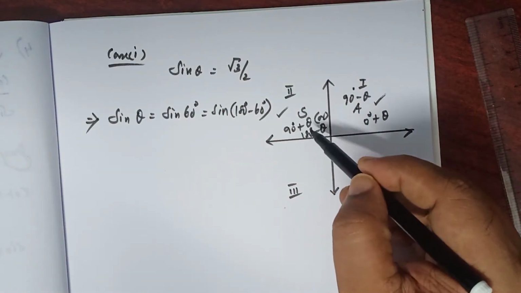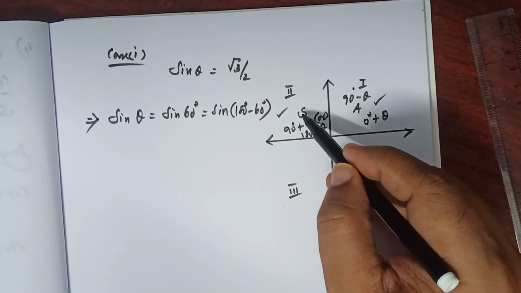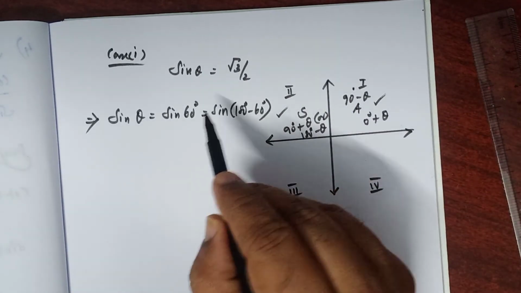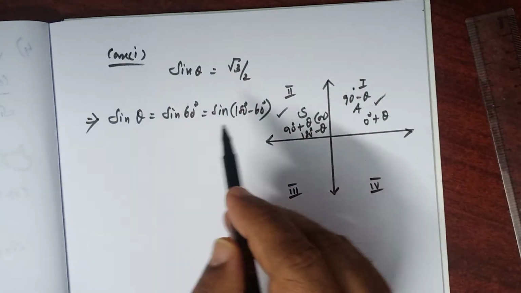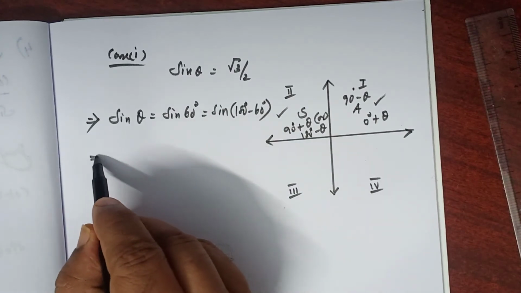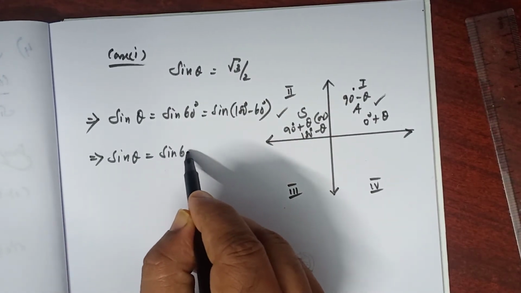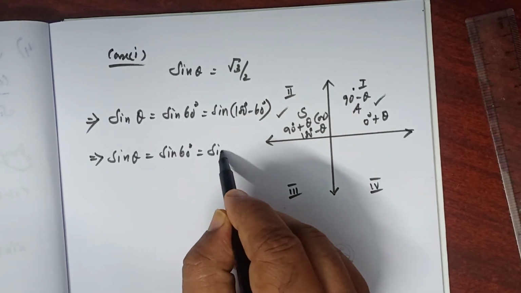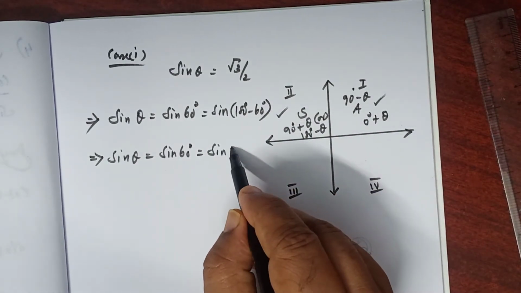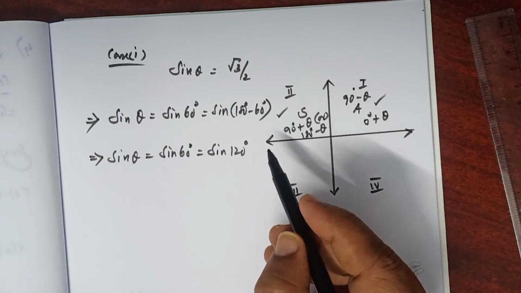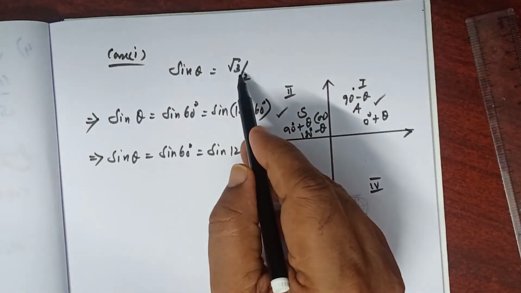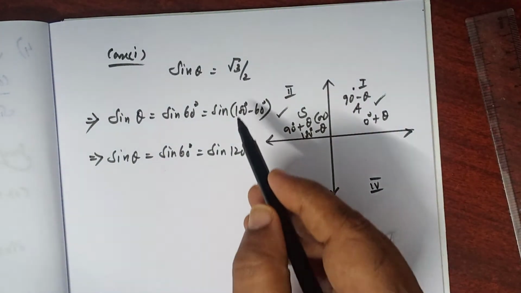The second quadrant. In the second quadrant sin is positive, therefore it is positive only. Therefore sin theta is equal to sin 60 degree, which is equal to sin of 180 minus 60, that is 120 degree. Sin 60 is root 3 by 2, sin 120 is also root 3 by 2.